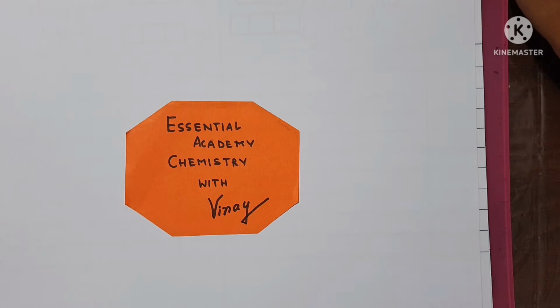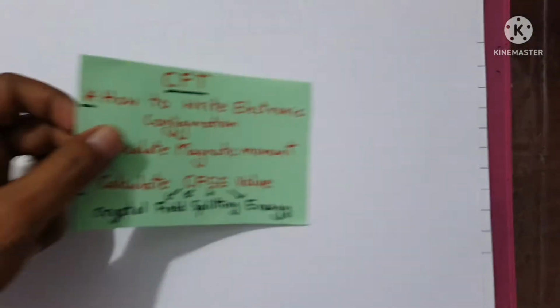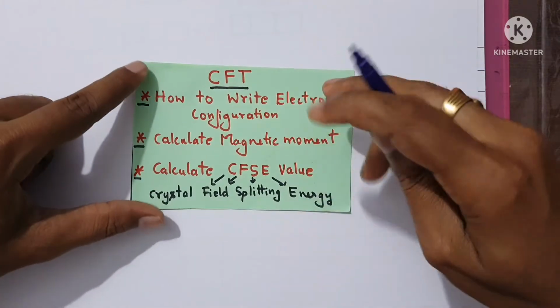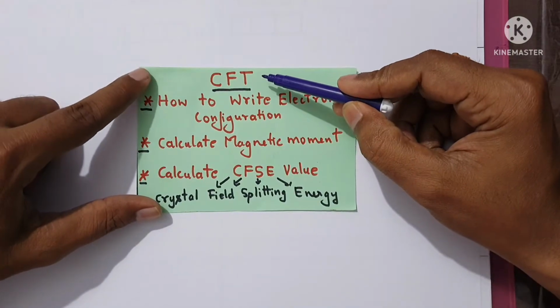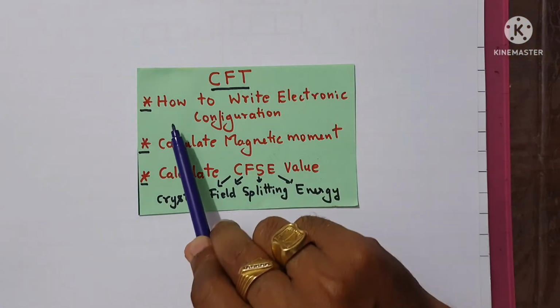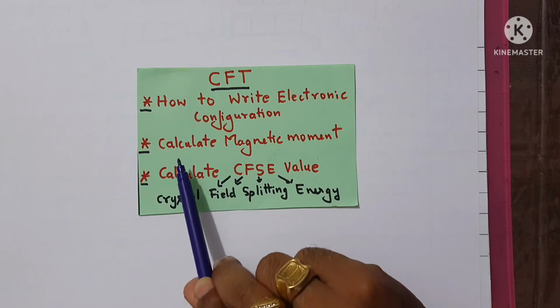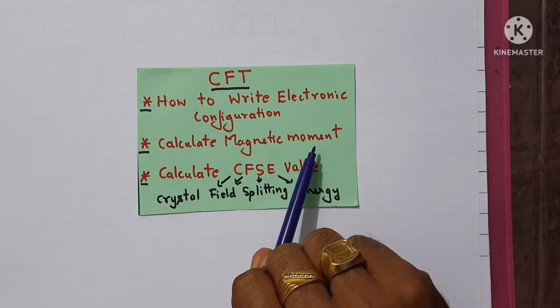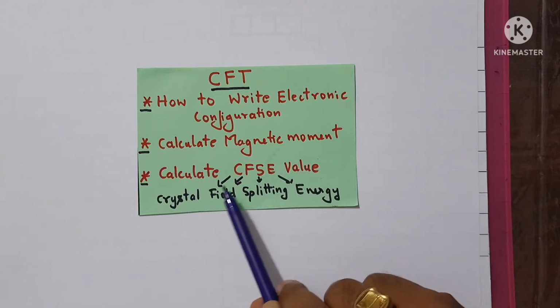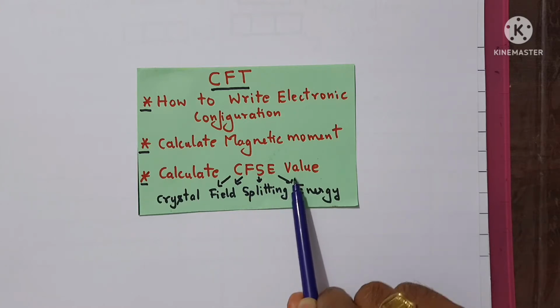In this video, we are going to learn a very important concept, that is crystal field splitting theory. In crystal field splitting theory, we are going to learn how to write the electronic configuration, to calculate the magnetic moment, to calculate crystal field splitting energy value.